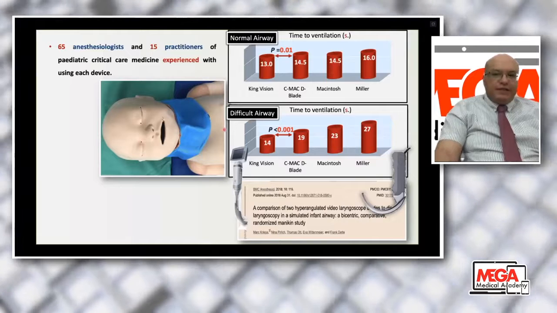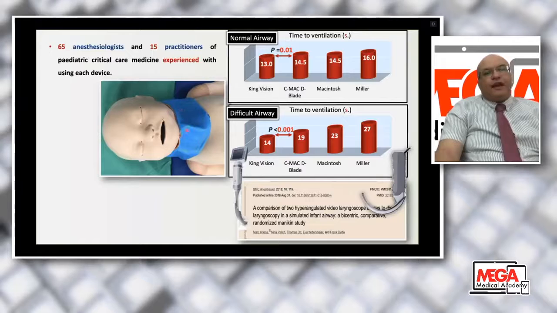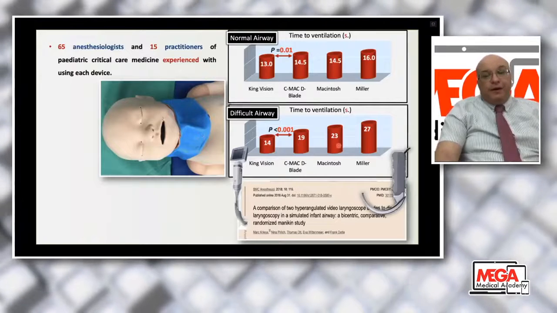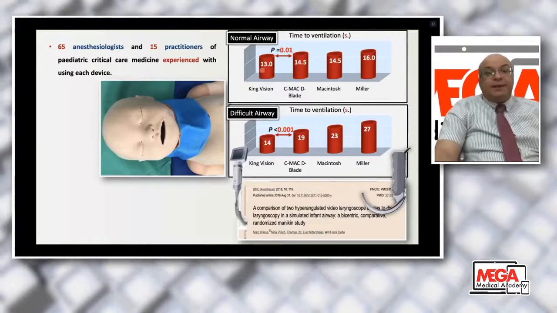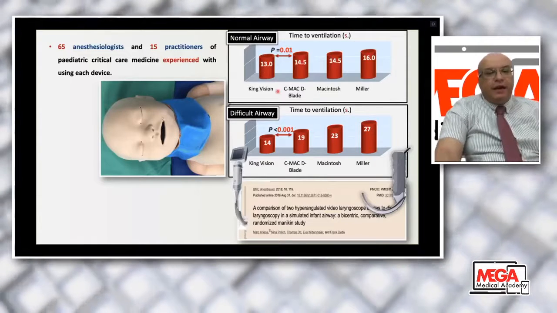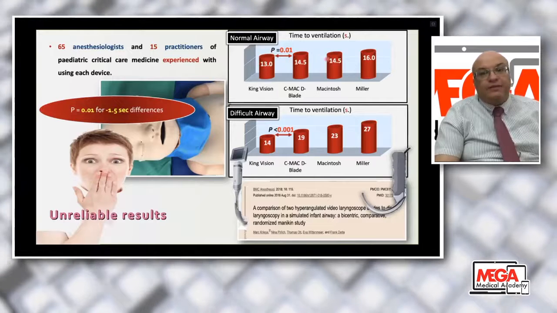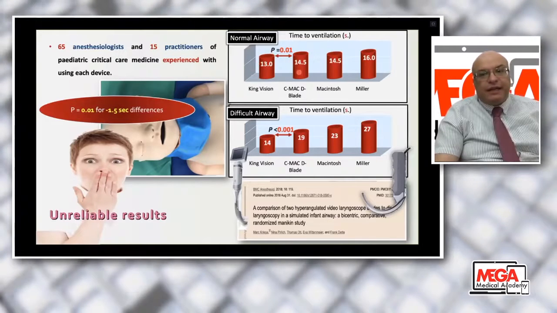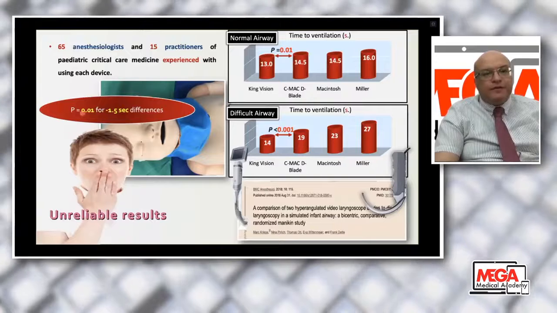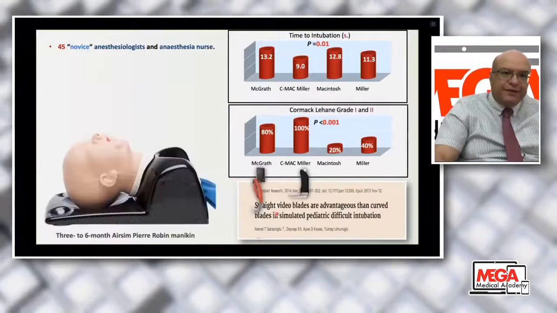They used two simulations, normal airway and difficult airway with limitation of neck movement with something like a neck collar. You can see there is a big difference here in time, statistically, but I think it is an unreliable study to find a difference of 1.5 seconds between King Vision and C-MAC with a p-value of 0.01. So I would overlook this study.